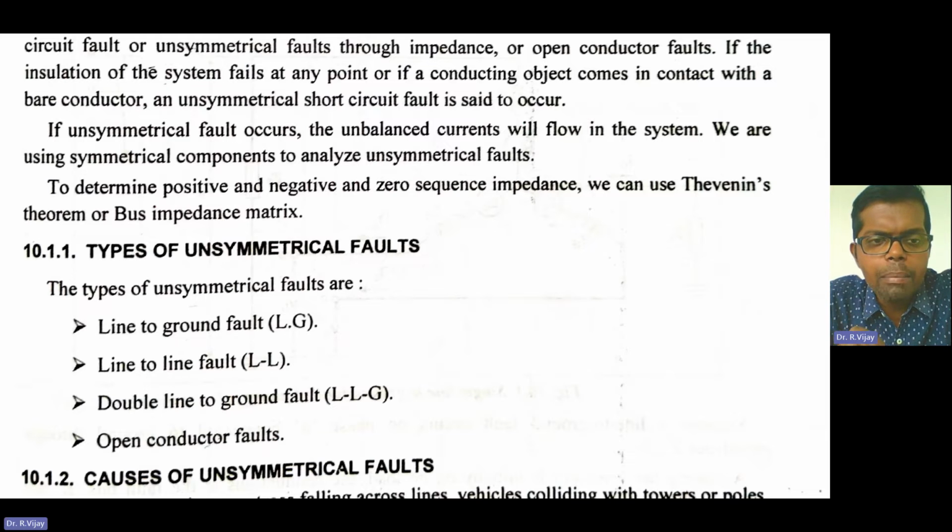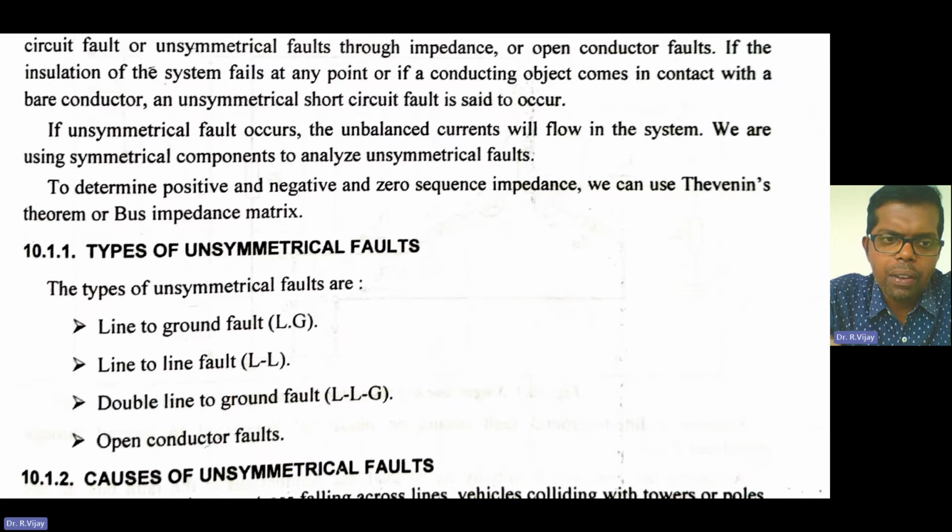Next, to determine the positive, negative and zero sequence impedance, we can use Thevenin's theorem or the bus impedance matrix. We have seen how to calculate with Thevenin's theorem, and for the bus impedance matrix there is the direct inspection method, and the Z bus building algorithm.